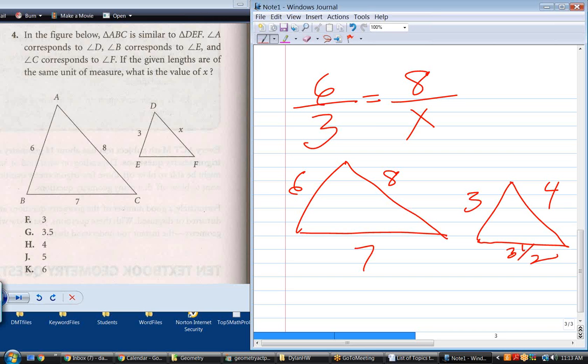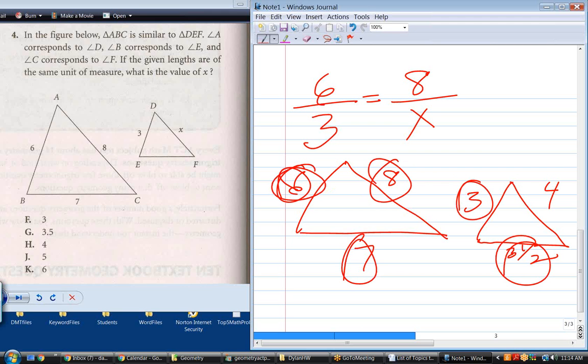In other words, the corresponding sides have proportional ratios. 6 is to 3, as 8 is to 4, as 7 is to 3.5, right? But you also have, within the same triangle, 6 is to 7, as 3 is to 3.5, or 6 is to 8, as 3 is to 4.